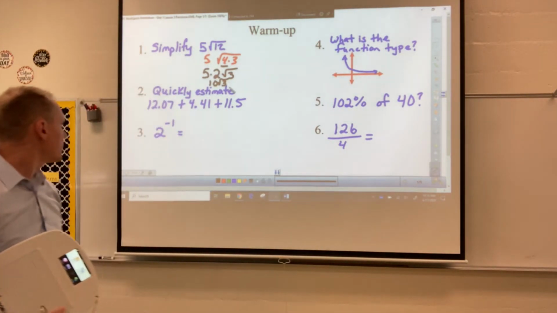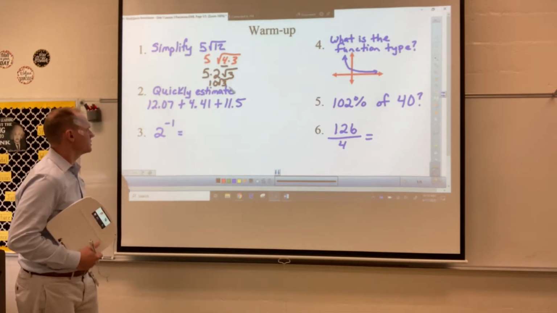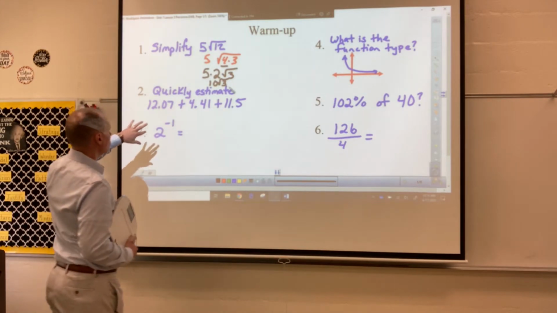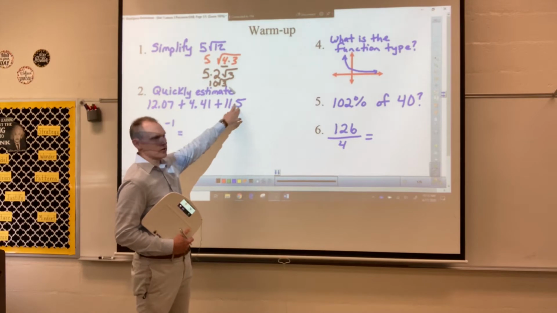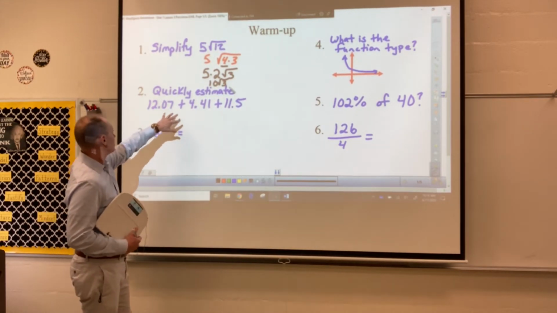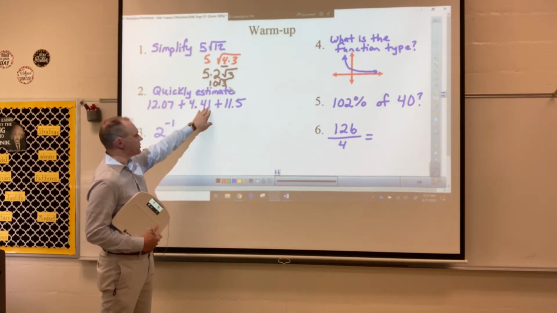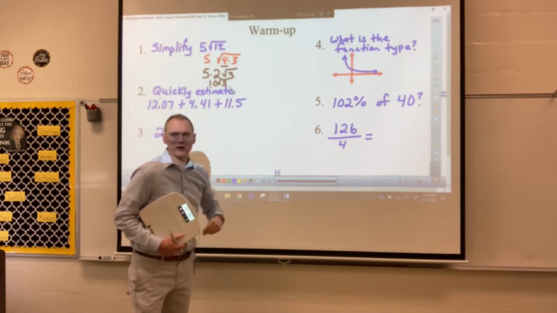All right, number 2, quickly estimate $12.07, $4.41, and $11.50. If we put the whole dollars together, 12 and 4 is 16, plus 11 is 27. And then if we go back to the cents, we have just a few cents here, and then we have 41. Together those make about a half, and then with another half make a whole.